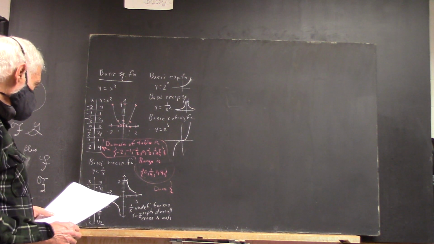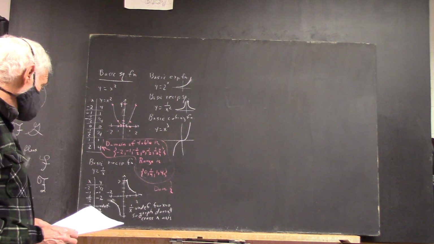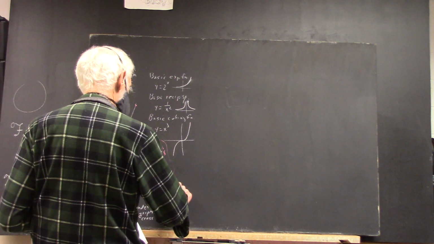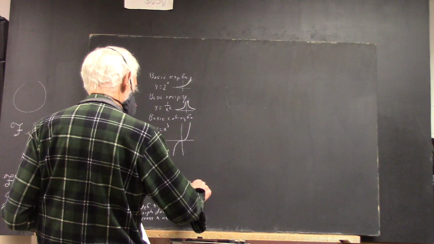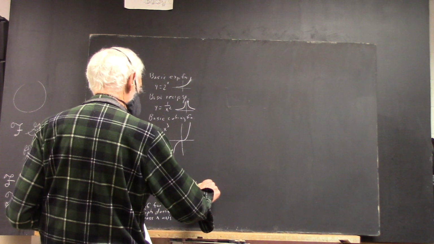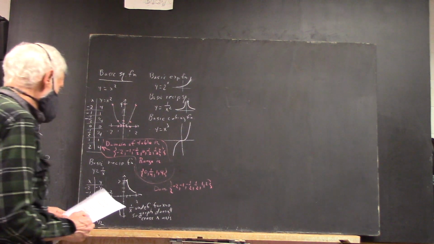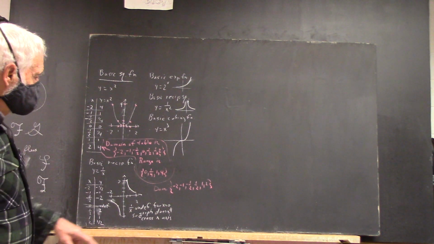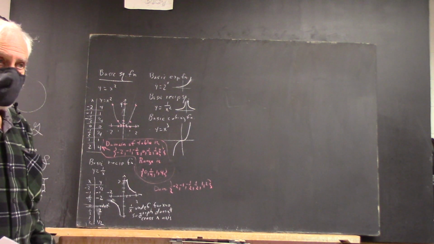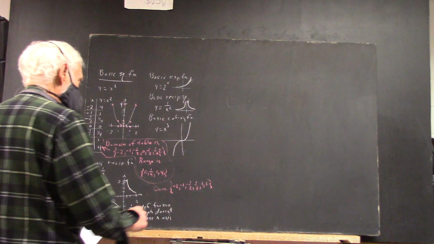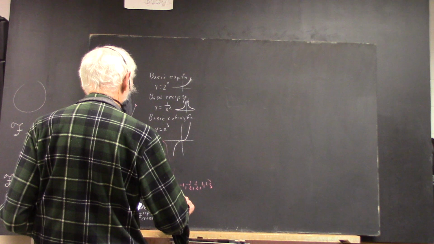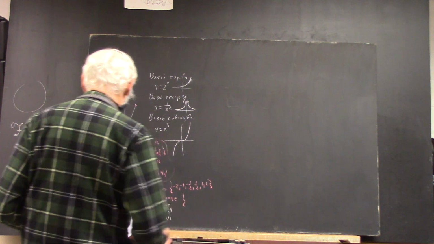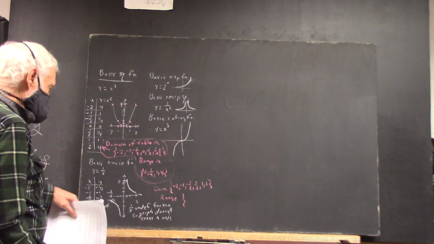So anyhow, the domain is the set of all these numbers except for 0. You can't have 0. Range is the set. Well, here are your y values.